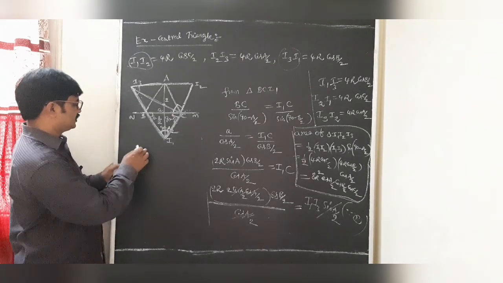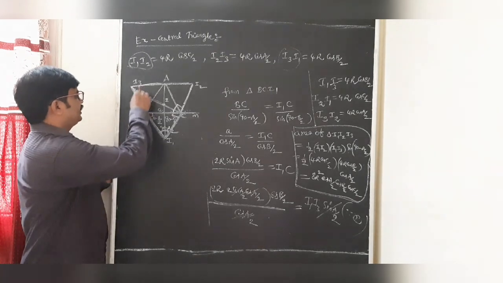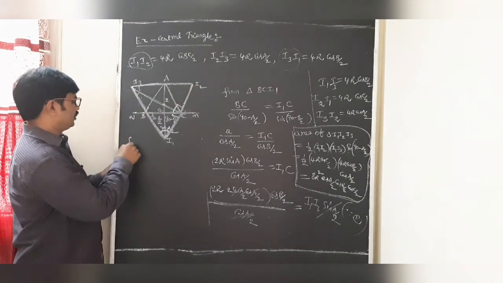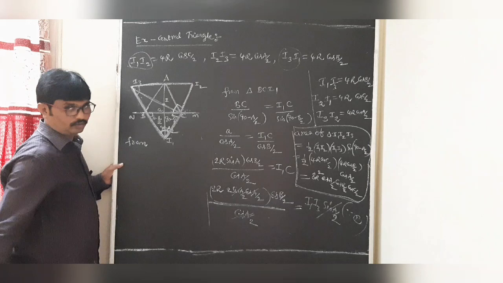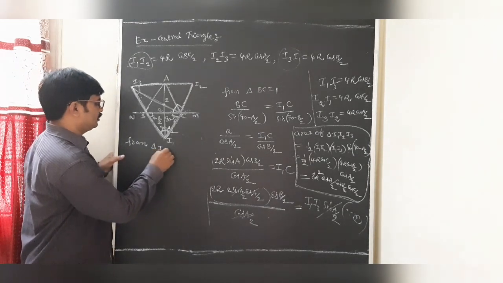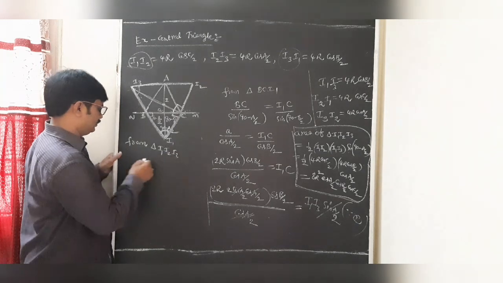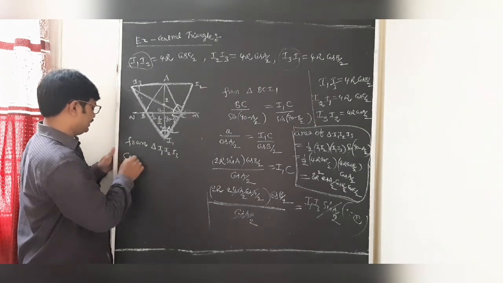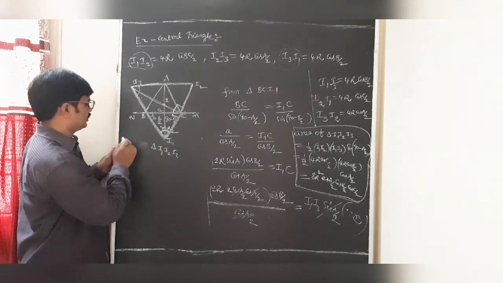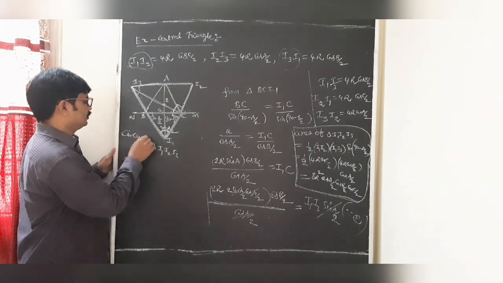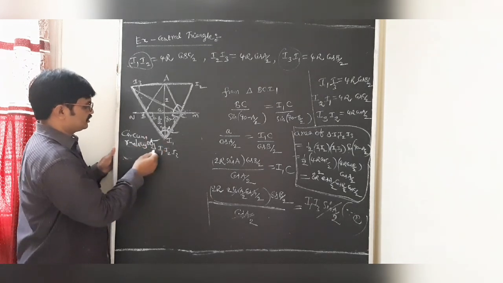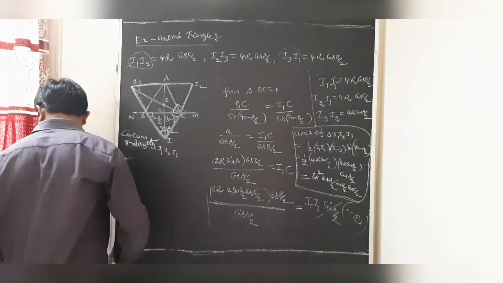Then you can write, when you take the sides, from the triangle I1, I2, I3, the circumradius of the triangle I1, I2, I3.